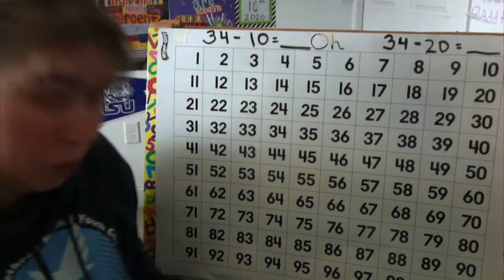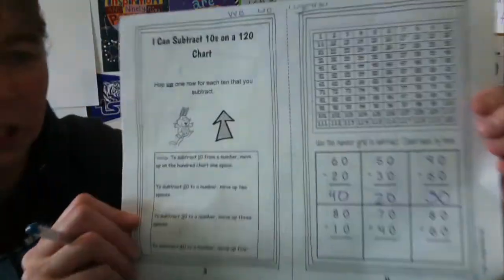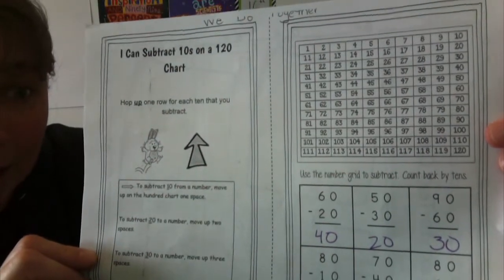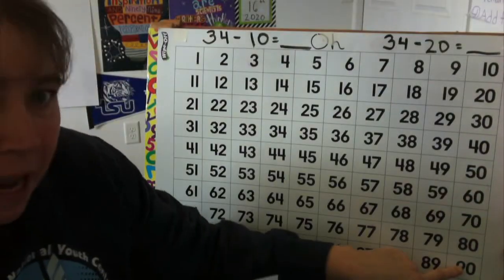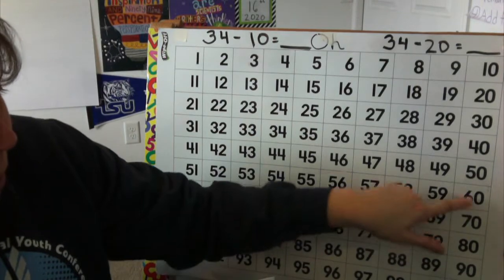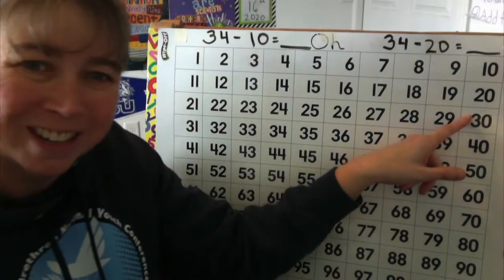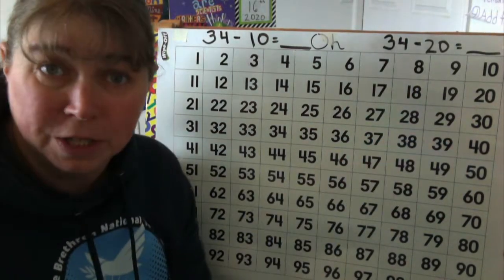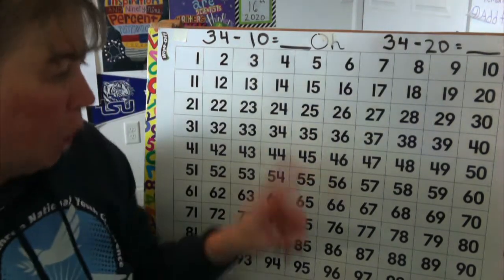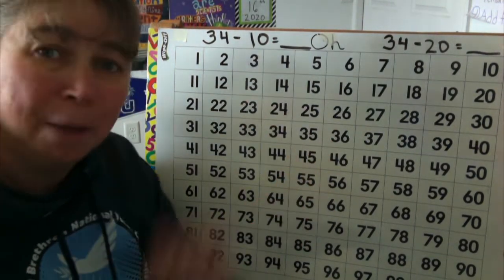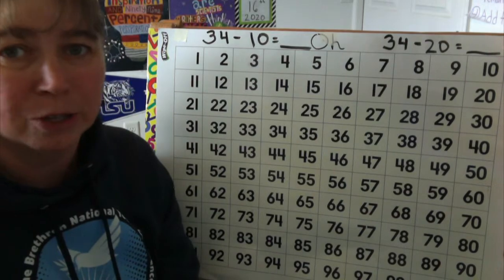All right, so did you get the answer 30 like I did? When you start at 90 and make 6 hops, you end up on 30. So boys and girls, with this strategy, simply go to your starting number and hop up a row for every multiple of 10 you're subtracting.